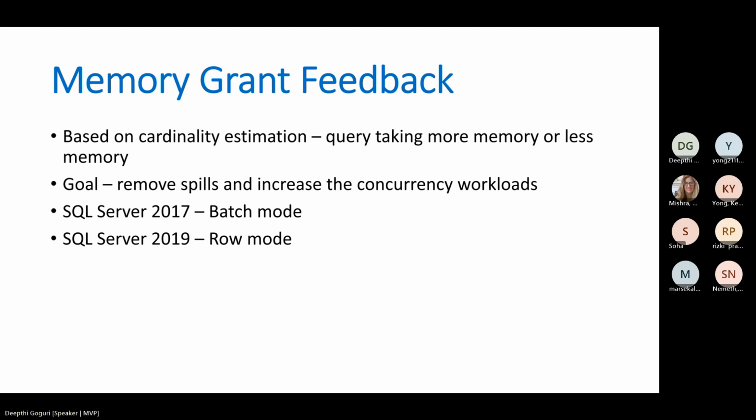So the basic goal of this particular memory grant feedback is to avoid the spills and to increase the concurrent workloads that are happening along the way at the same time, without spilling to the disk, properly assigning the memory grant that is actually needed without giving a lesser amount of memory grant than required.